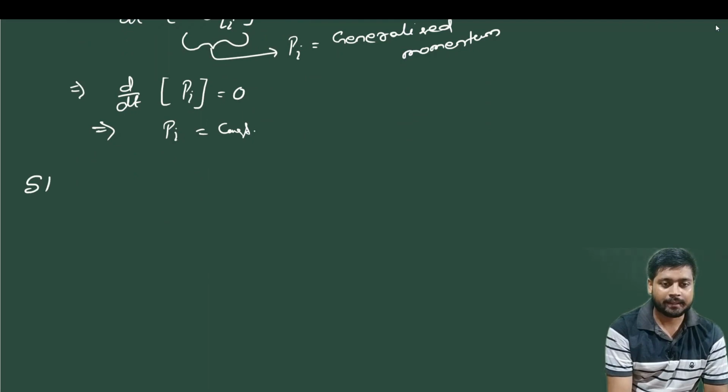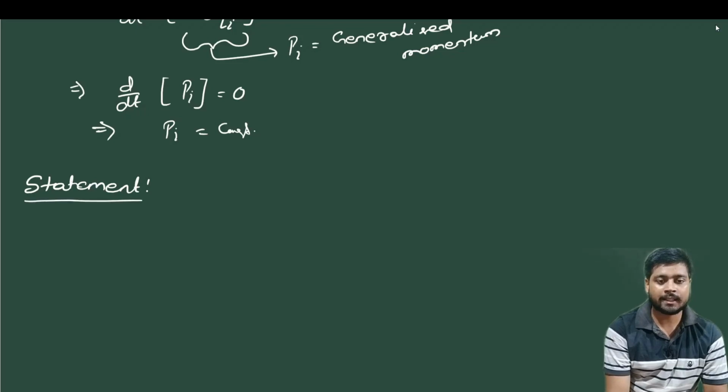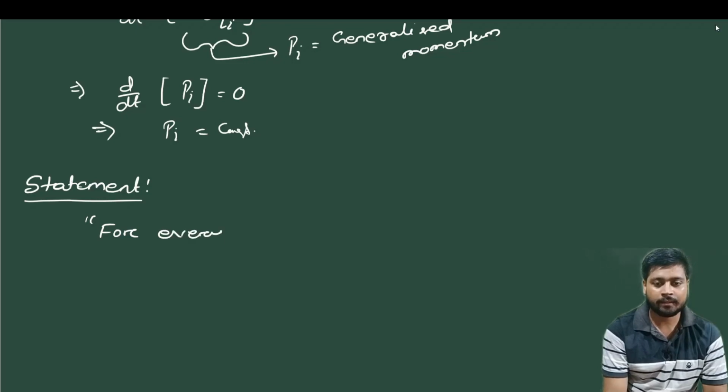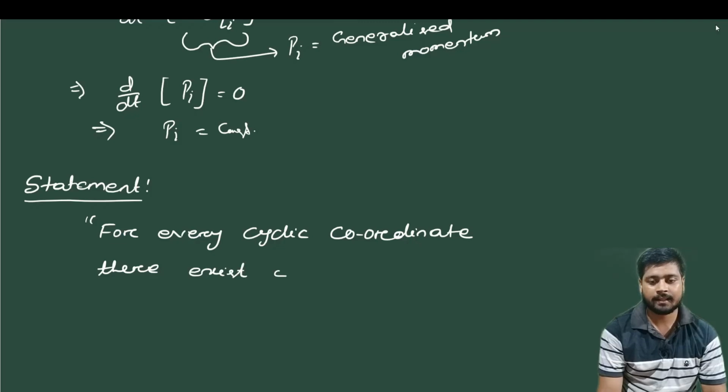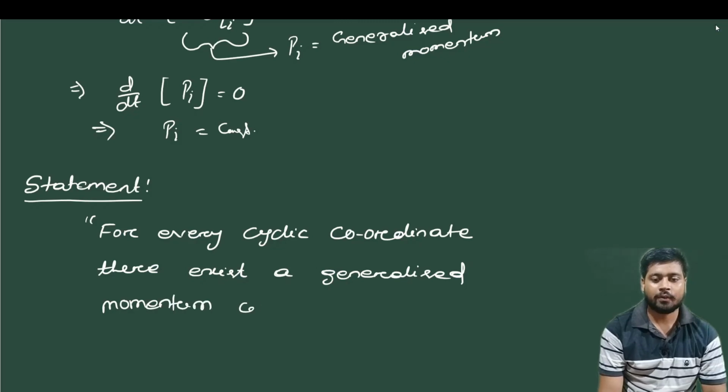So just write down the statement. For every cyclic coordinate there exists a generalized momentum which is conserved.